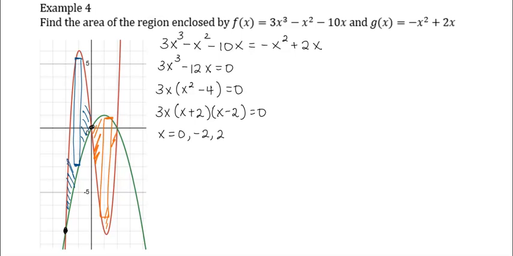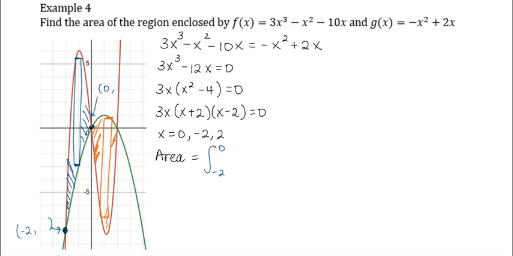So now that we know what the x values are, we're able to set up an integral, or integrals plural, for the area. We are going to need two separate integrals. One for the first region in dark blue. That first region starts at the x value of negative 2. That is this x value here. We don't know what the y value is, and it's not terribly important. And runs up to the x value of 0, up to that region there.